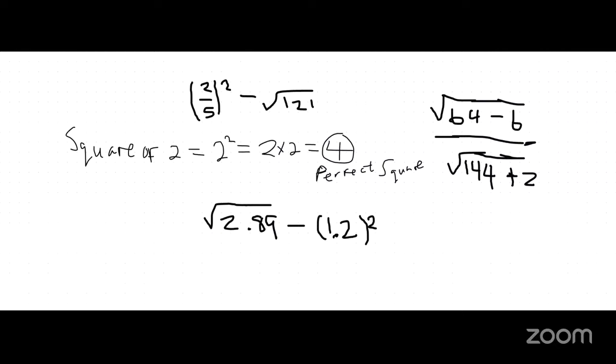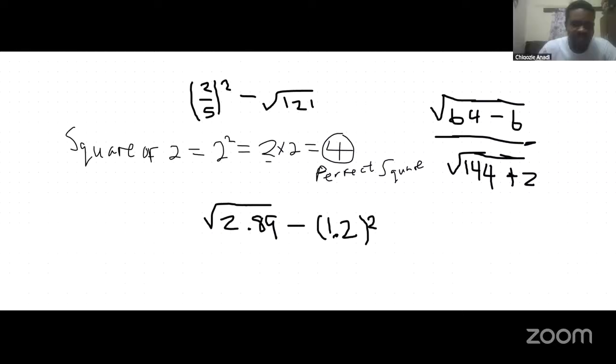Very good. And since you know what a perfect square is, I asked you to mention the perfect squares ranging from 1 to 144. Do you know them?